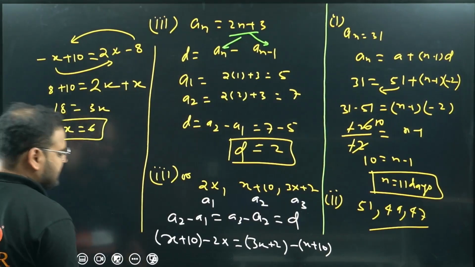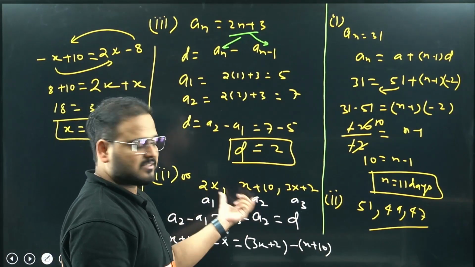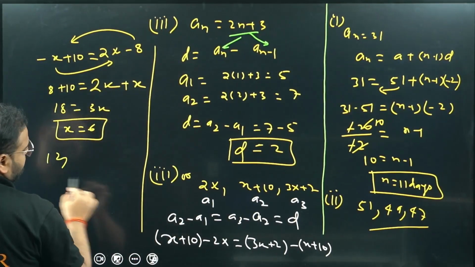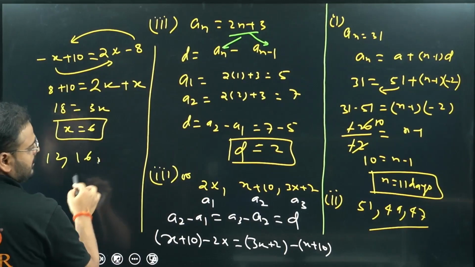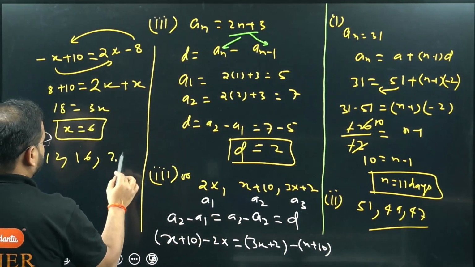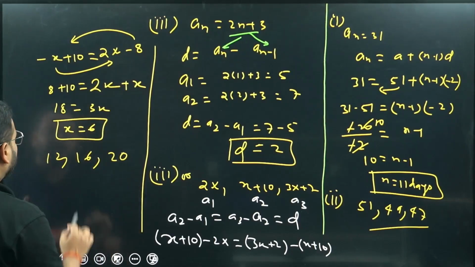For x equals 6, this sequence: 2 into 6 is 12. x plus 10, so 16. And 3x is 18 plus 2, so 20.